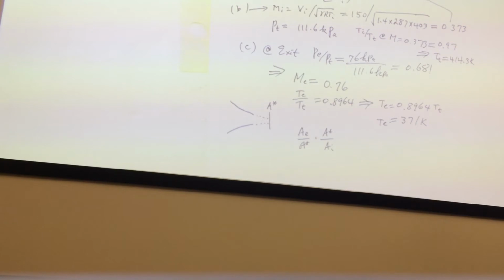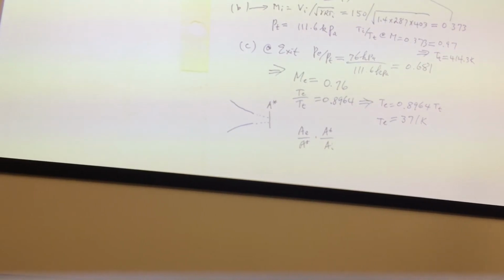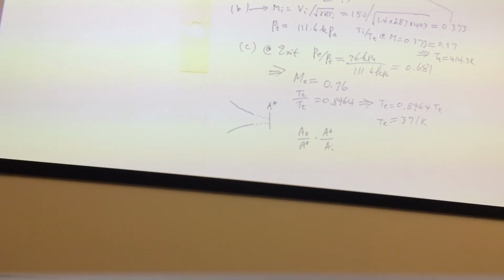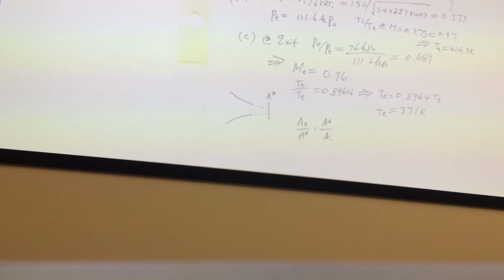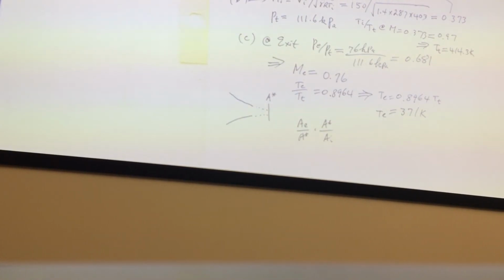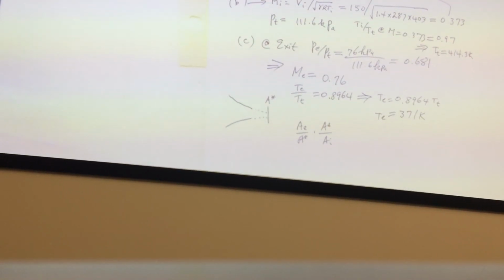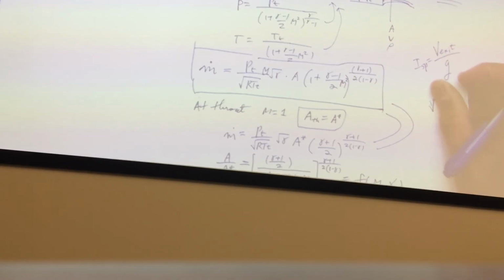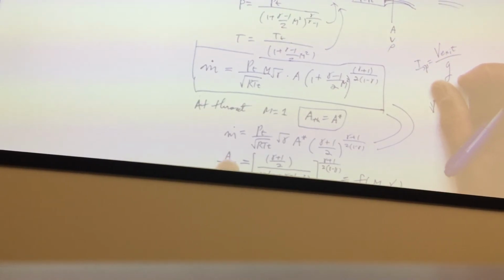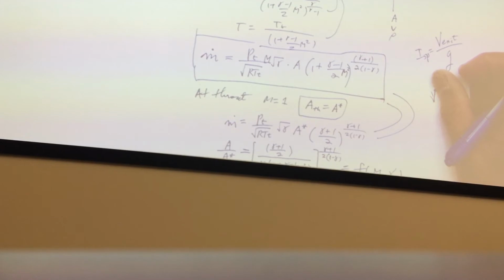Because based on Mach number at the inlet equal to 0.373, you can find out AI over A star. Remember this? Right? If you don't look up the table, you put in the number. So if it's AI, that means here is MI. You put in the number, right?